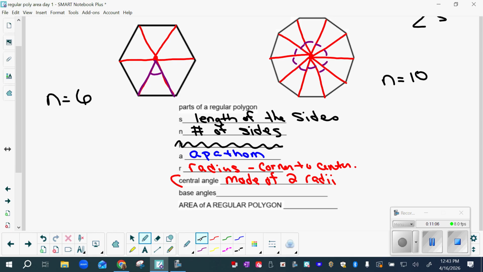Get ready. Center to the middle of a side. Highlight him right there. Center to the middle of a side. He is center to middle of side.